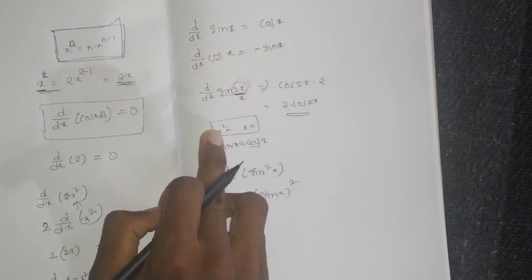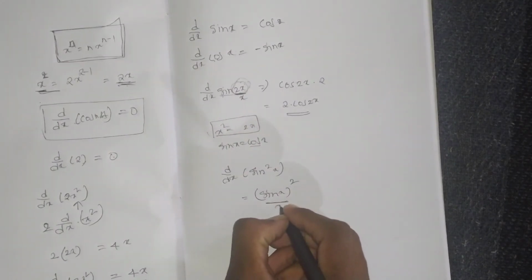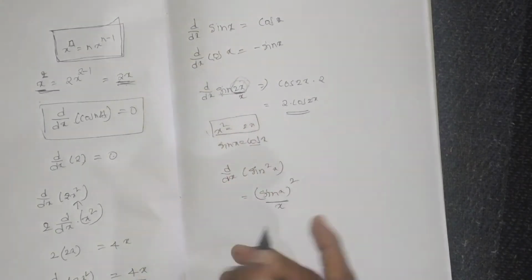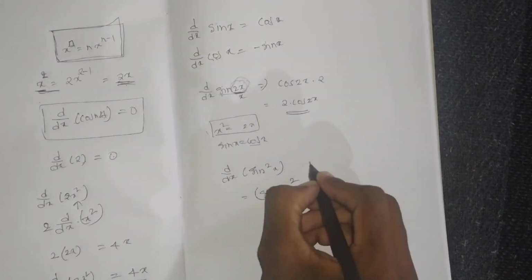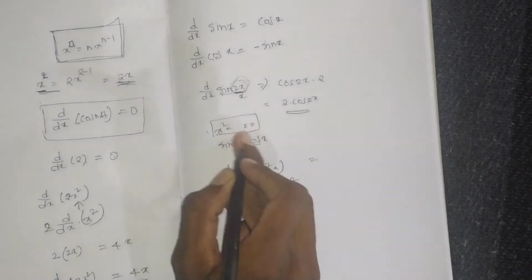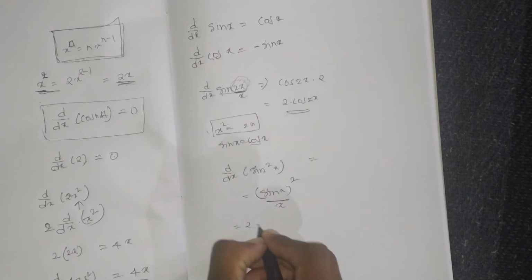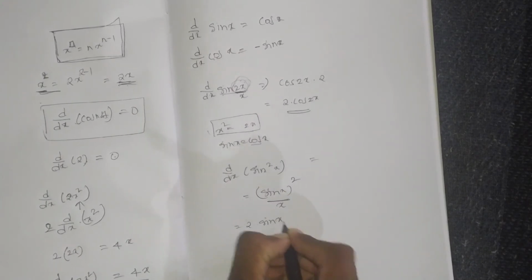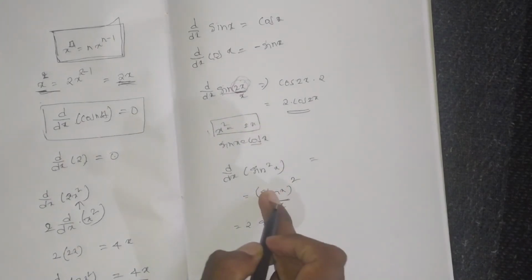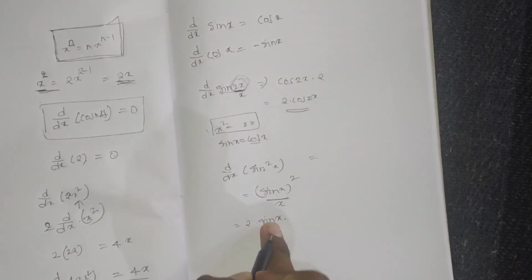I am taking overall sin x as x, and the differentiation of x square is 2x. So in the place of x I have sin x, so 2 into sin x.